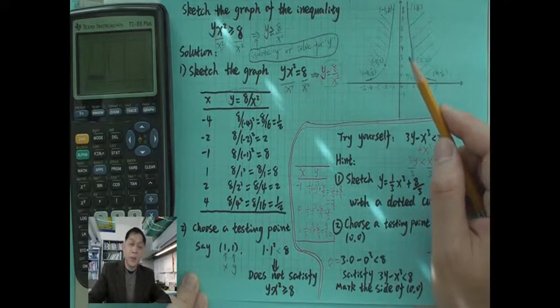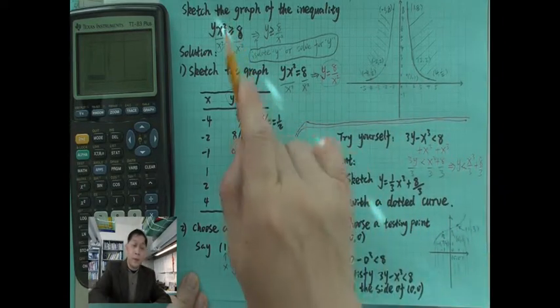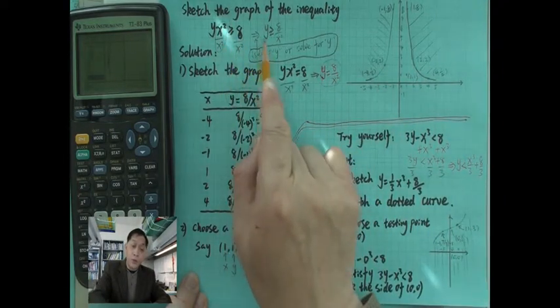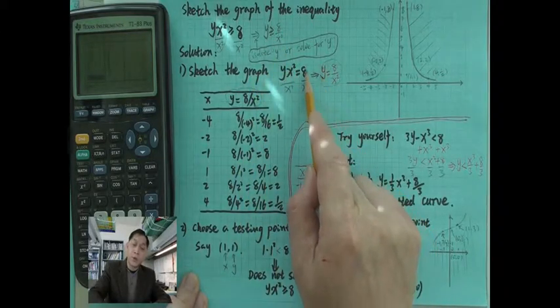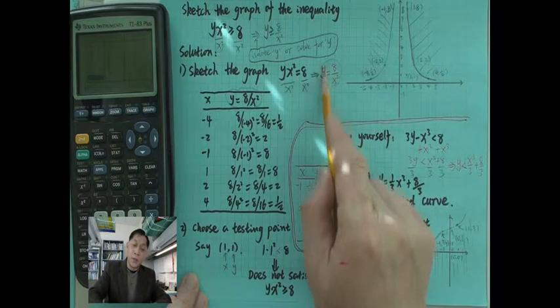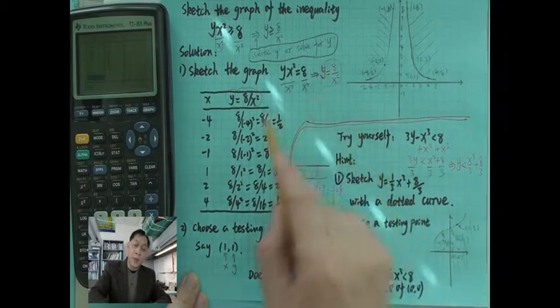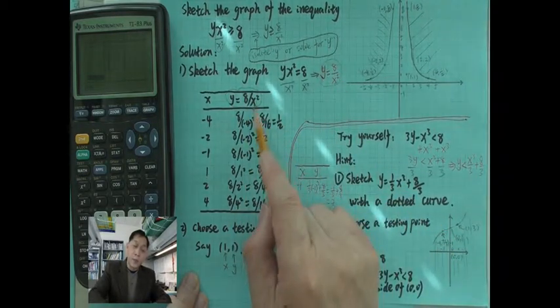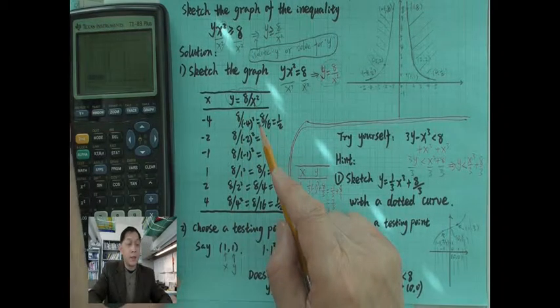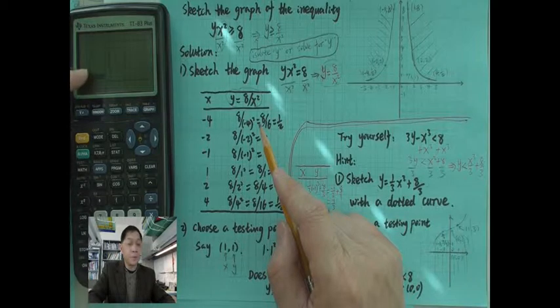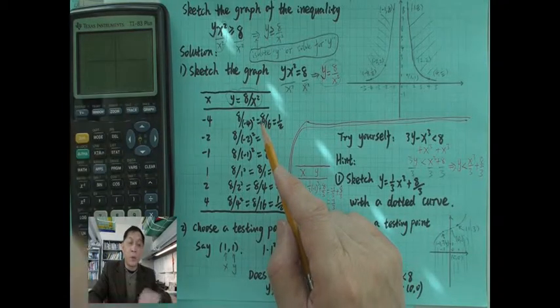So here again, this one we don't know, but if we solve for y, then we can get an equation: y equals 8 over x squared. We sketch this equation either by using the calculator, inputting the equation and seeing how the graph looks.